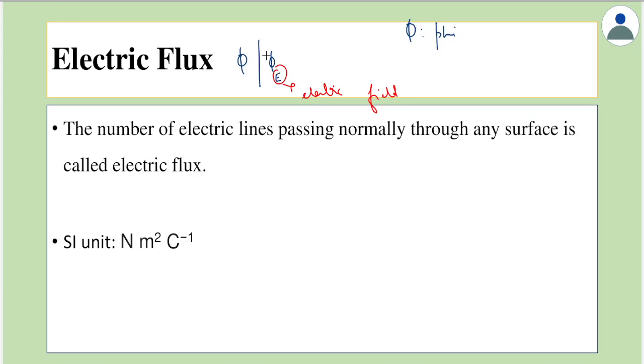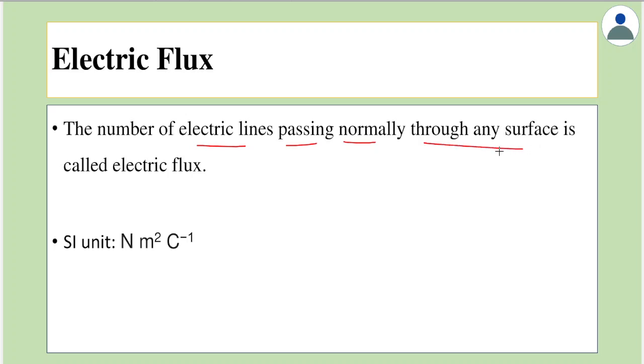This whole symbol stands for electric flux. Now this is defined as the number of electric lines passing normally through any surface. So the number of electric lines passing normally through any surface is called electric flux. We will learn later that its SI unit is Newton meter square per coulomb.